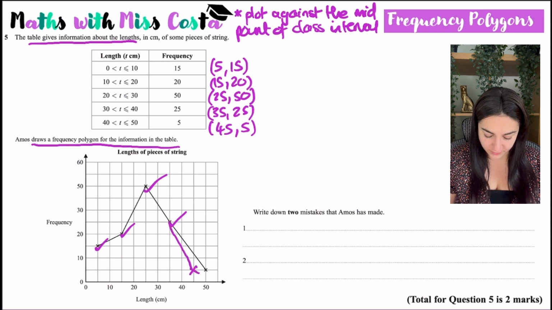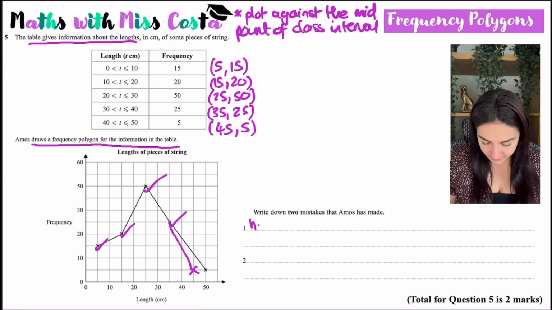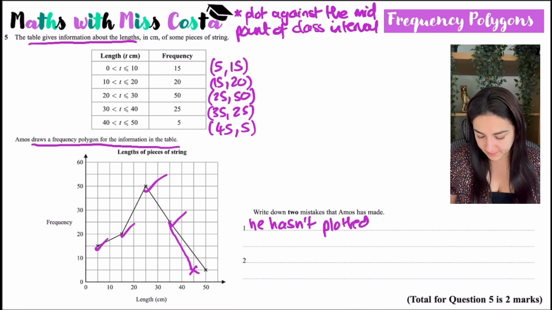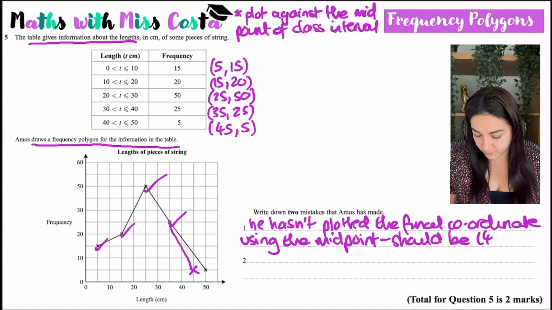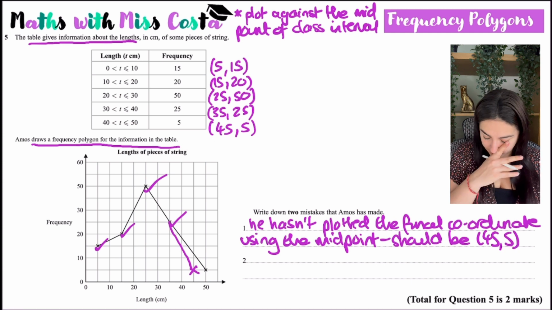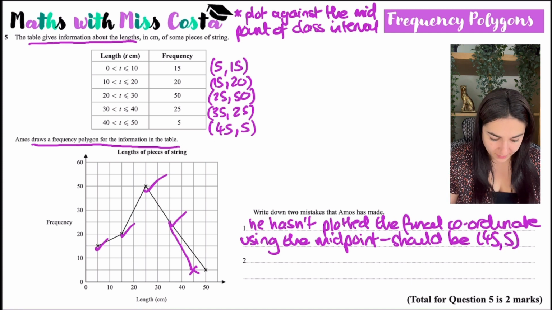So the graph should look like this. So one mistake is he hasn't plotted the final coordinate using the midpoint. It should be 45, 5, not 55.